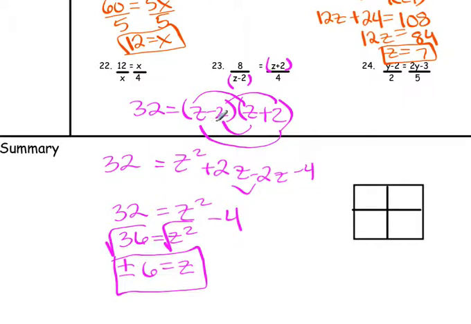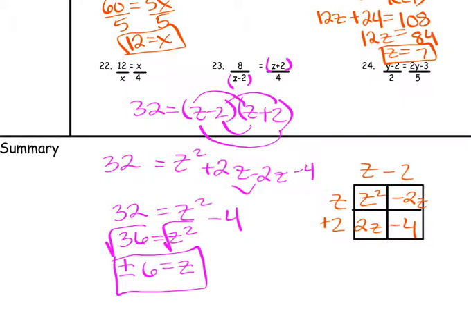So to do the box method, you write one of your binomials on the top, and it doesn't matter which one, and you write the other down the side. And then you multiply the row by the column. So it's z times z is z squared. And then this one would be -2 times z, -2z. This one would be +2 times z. And then the last one would be +2 times -2 in that box there.